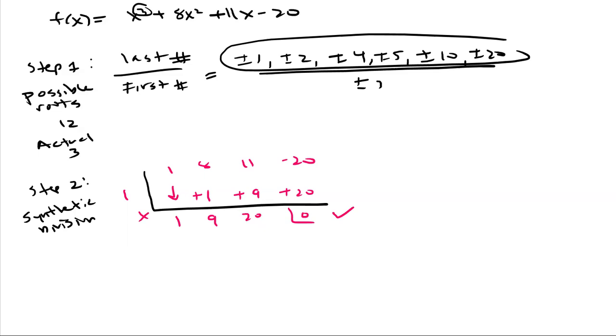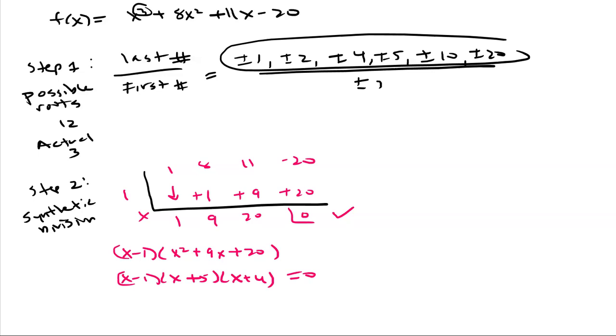Okay. So let's go ahead and write this now in factored form. So we're going to have x minus 1 times, again, these are going to be the coefficients of our new polynomial. So that'll be x squared plus 9x plus 20. And then I'm going to factor this. So we have x minus 1, and that'll be x plus 5, and then x plus 4 equals 0.